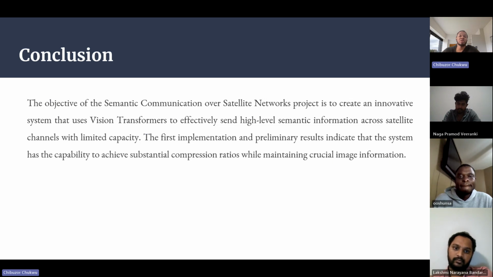When we implement it, we see that the system can achieve high compression ratios and maintain crucial information, which I already explained. The important information is always retained while the image quality is significantly improved.